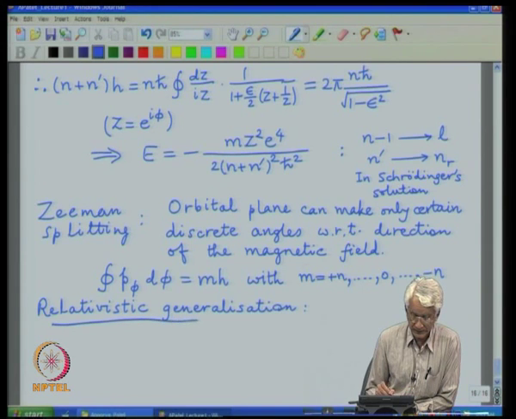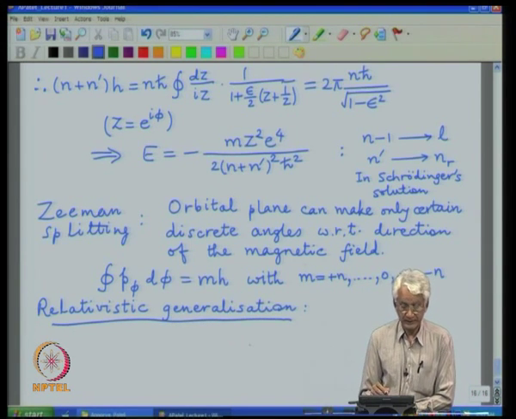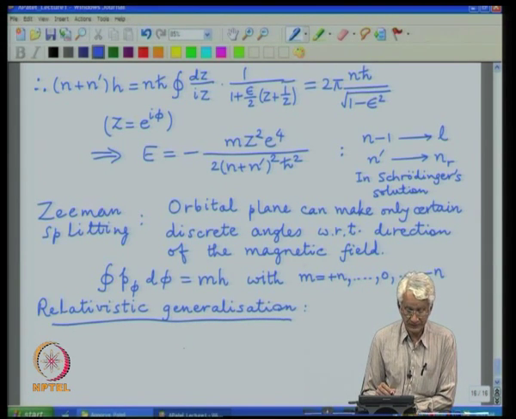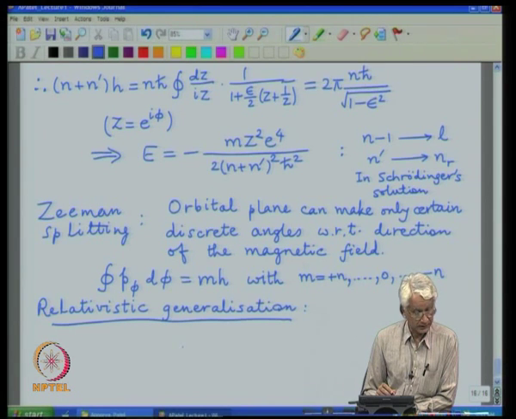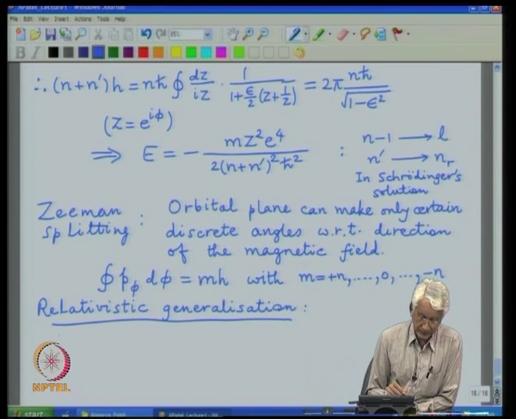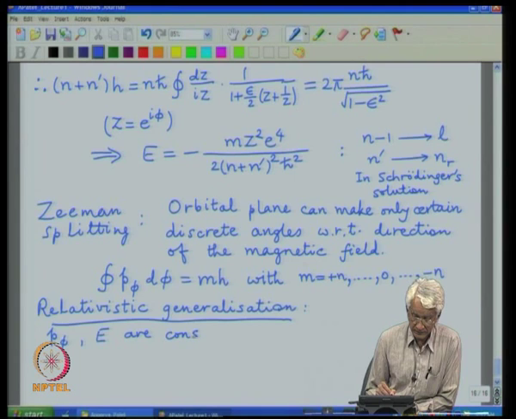So, we can quickly go through the relativistic generalization of the previous formula for the orbit in a Kepler problem. Several things essentially remain unchanged. One is that the angular momentum and energy are constants of motion.